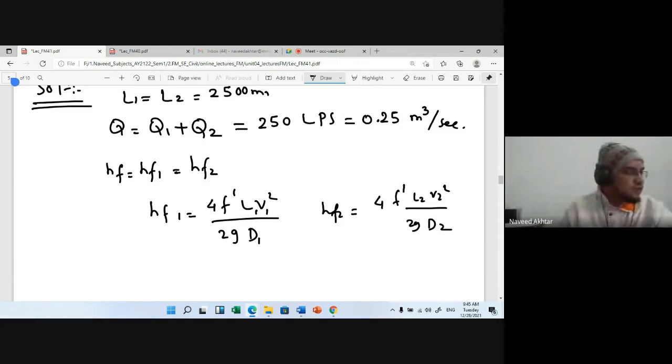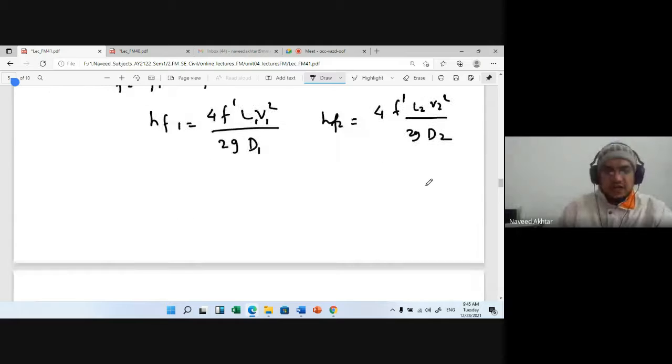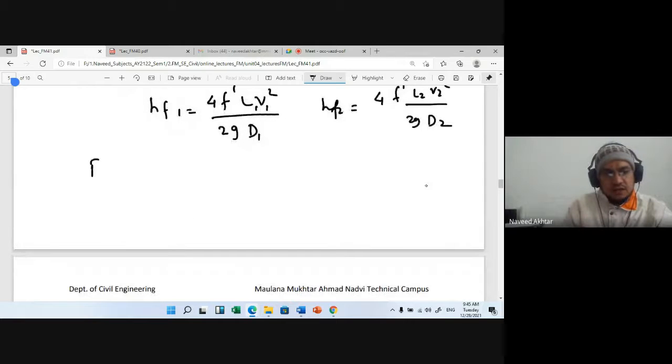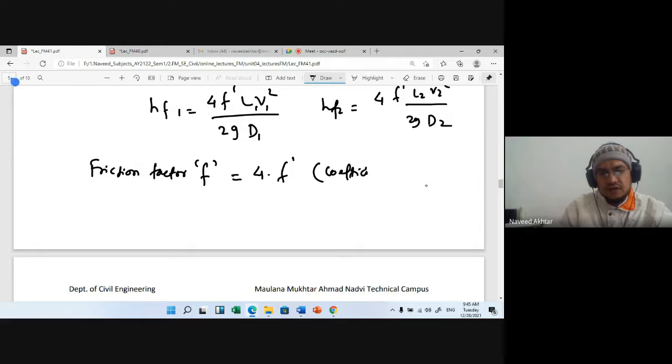So you know that the friction factor is denoted by F and is equal to 4 times F dash, and this F dash is nothing but the coefficient of friction given in the example.